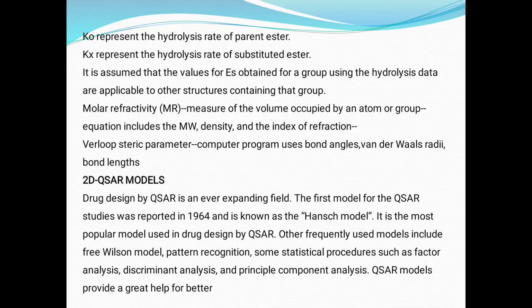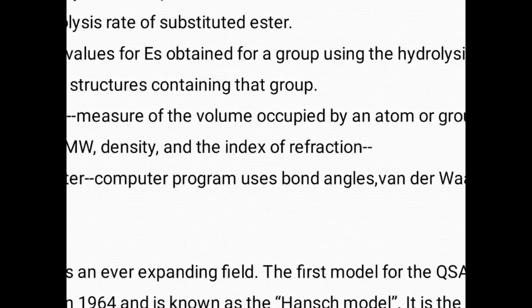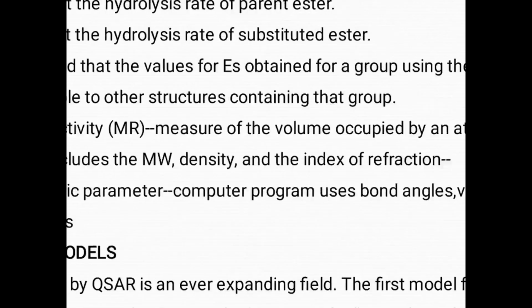So Kx represents the hydrolysis rate of the substituted ester, and K0 represents the hydrolysis rate of the parent ester. It is assumed that the values of Es obtained for a group using the hydrolysis data are applicable to other structures containing that particular group.